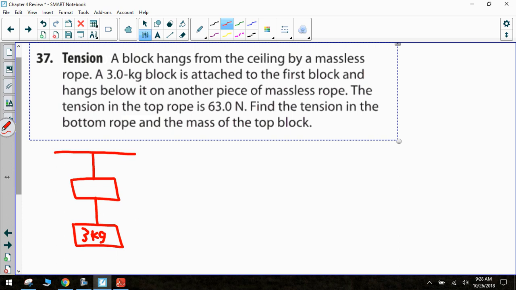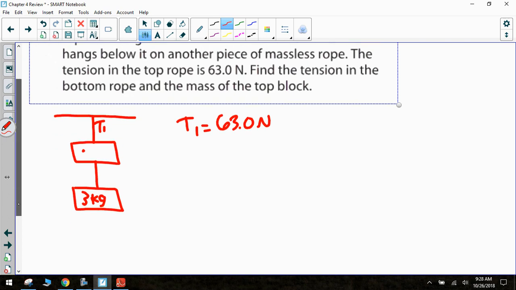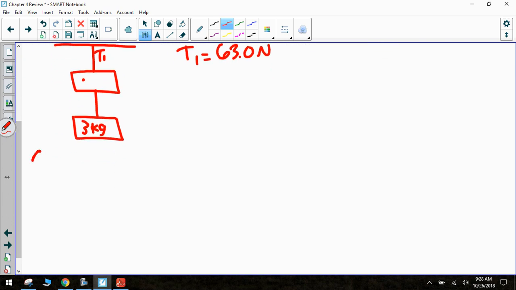They said that T1 is going to be equal to 63.0 newtons. So up here is T1. This is the given all up here. The unknown is T2 and M1.